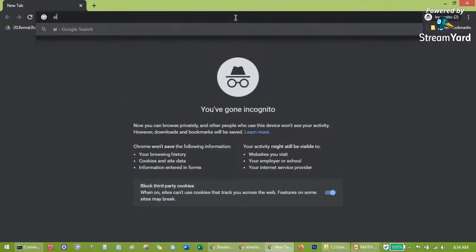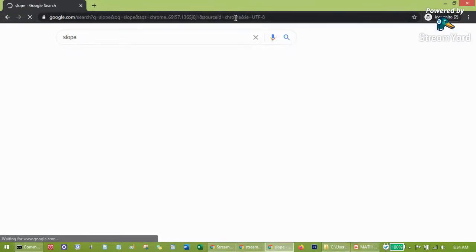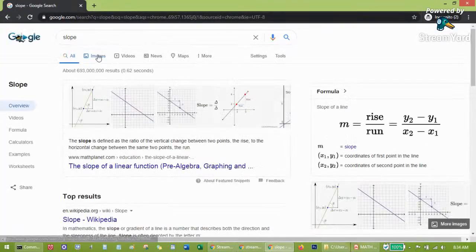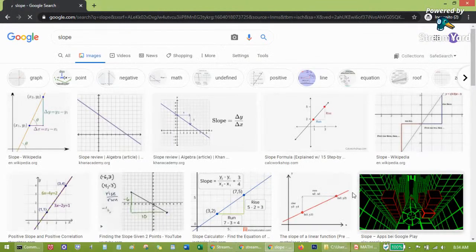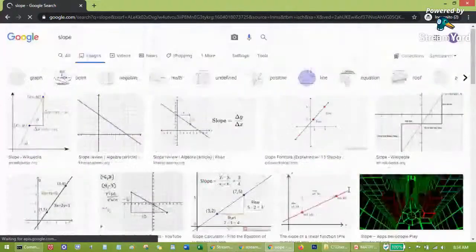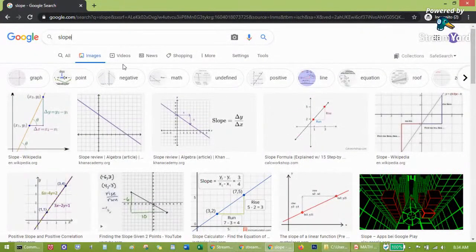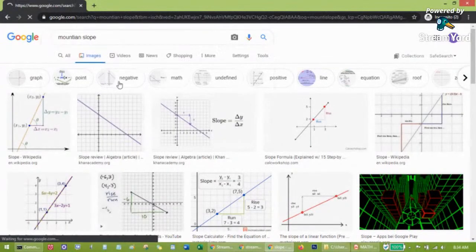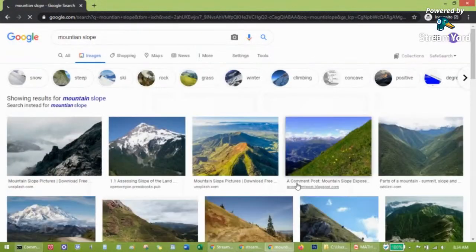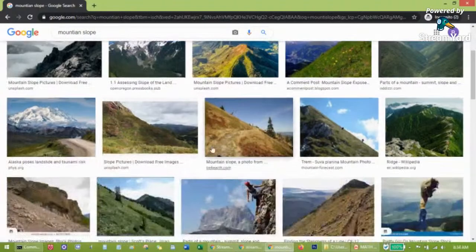So, pag nag-search ka sa internet ng slope, okay, so yun nga, lumalabas mga math, no? Pero yung salitang slope na galing yan sa mountain slope. Yan, yung slope ng mountain. Okay? Yung gilid niya.